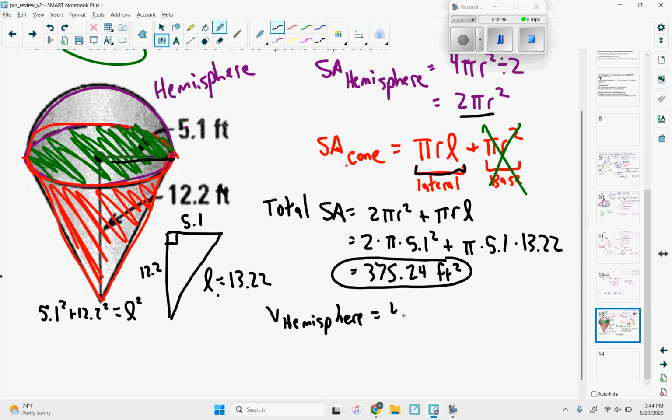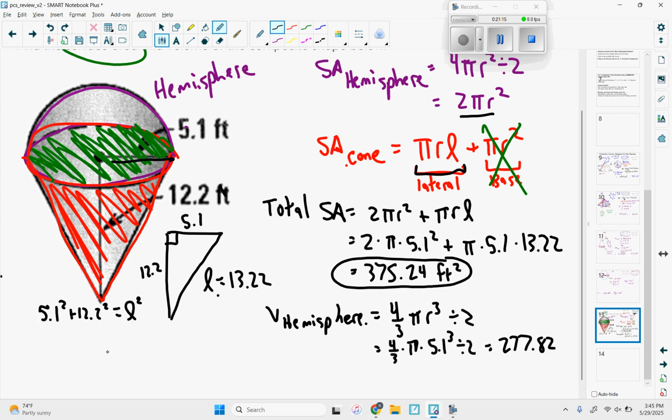So that means 4/3 pi r cubed divided by 2. The volume of the hemisphere, that's 4/3 times pi times radius 5.1 cubed divided by 2. When you plug that into your calculator, for the hemisphere, you get approximately 277.82.